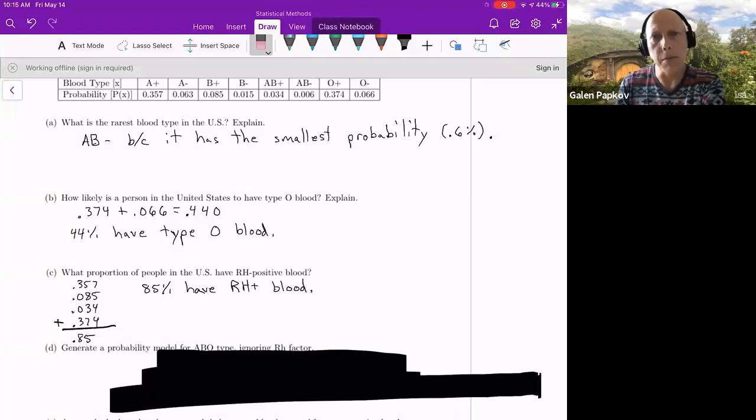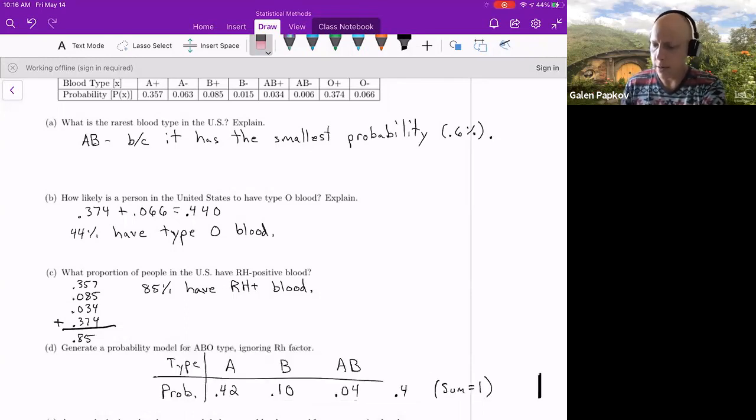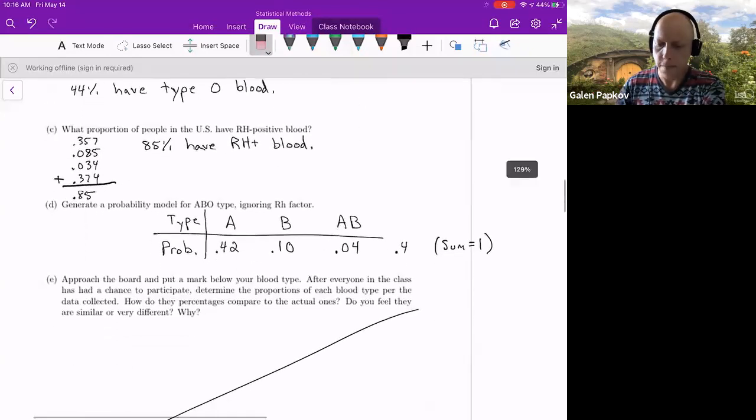For example, for A, I would need to add up A positive and A negative. That's going to be 0.42. When I add up 0.357 and 0.063, I get 0.42, or 42%. And I do the same thing for the other groups. This is what I've got.